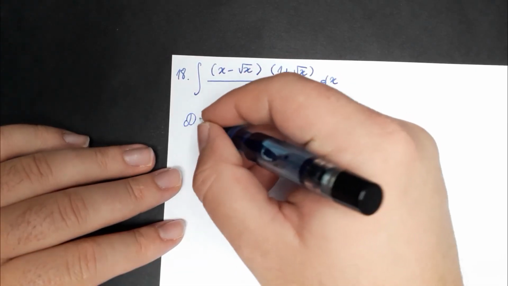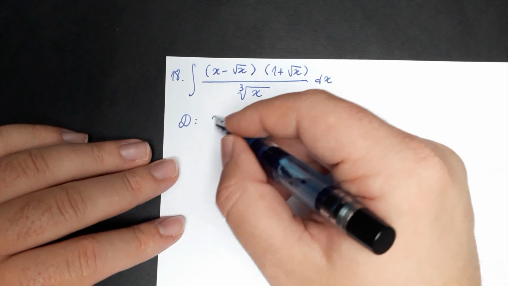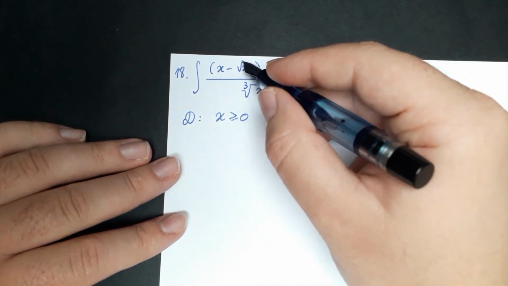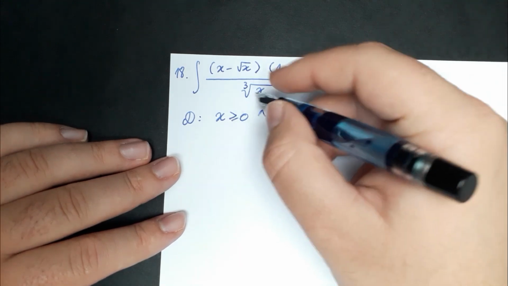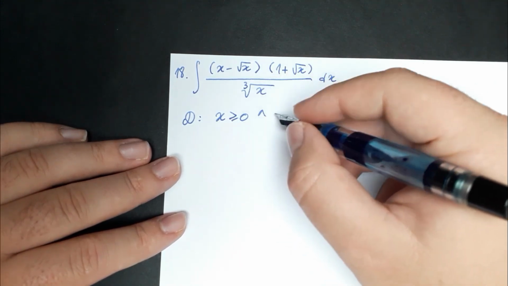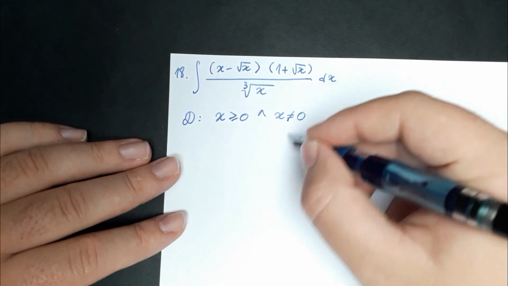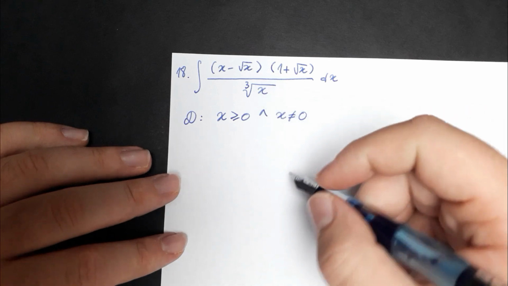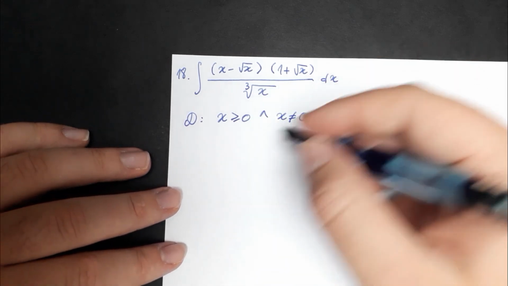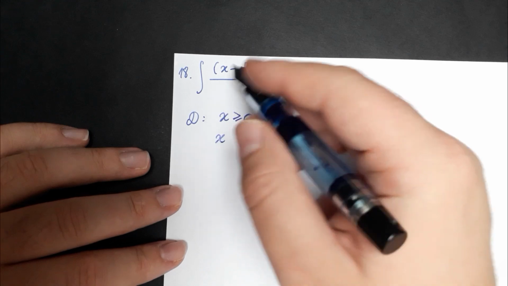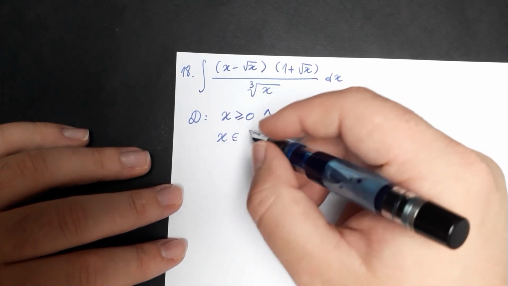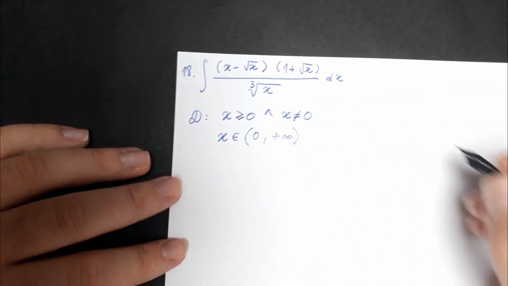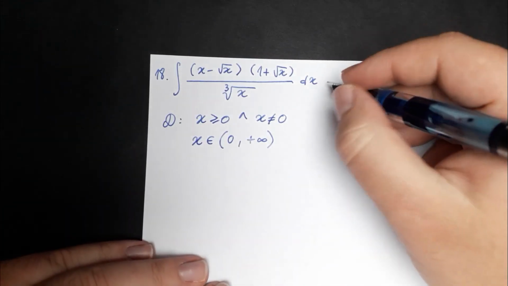Well, the area of definition of this integral is for all x's which are larger than or equal to 0 because of the square root of x, and the cubic root of x has to be different from 0, which means that x is different from 0 because we have a division right here. So that means that the area in which this integral is defined is for all x's inside the interval from 0 to plus infinity, which is an open interval.